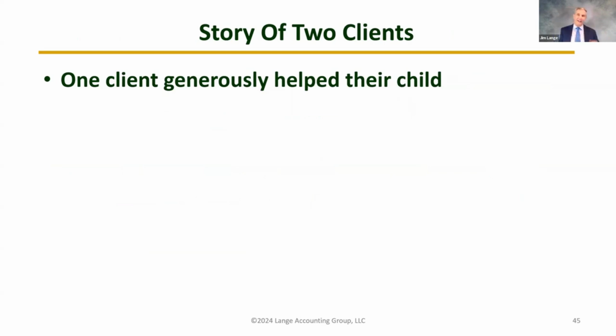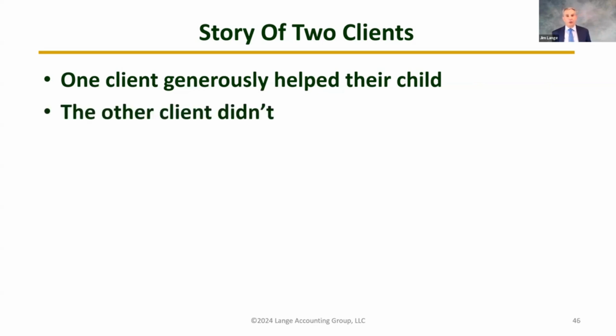So again, facts changed to preserve confidentiality, but this is the idea. Two clients in a relatively similar financial position, both of them well above the $5 million mark. Both of them had one kid, and both kids didn't make a lot of money, working in the nonprofit sector.